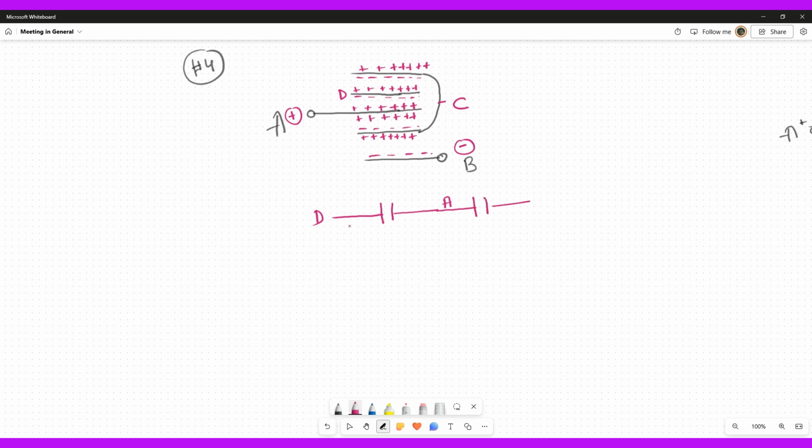Then between C and D, one capacitor is there. Between this point BC, between C and D, there is a capacitor. Okay. Then between C and B, this is positive, this is negative. C remains positive end. So there is a capacitor. That is between C and B. Clear? Hope you have understood.